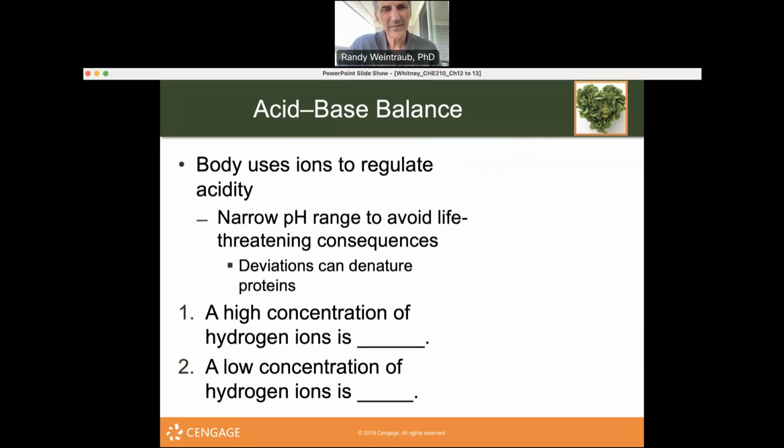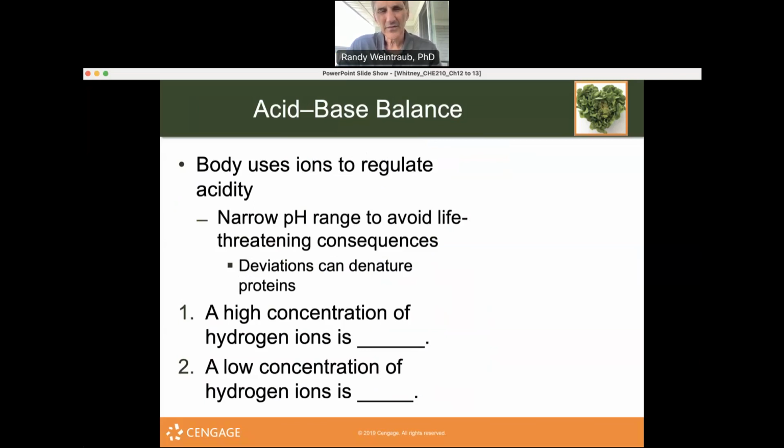As we get out of the pH range, it starts denaturing critical proteins, could be enzymes, antibodies, membranes, etc. So pH range adherence is extremely important.